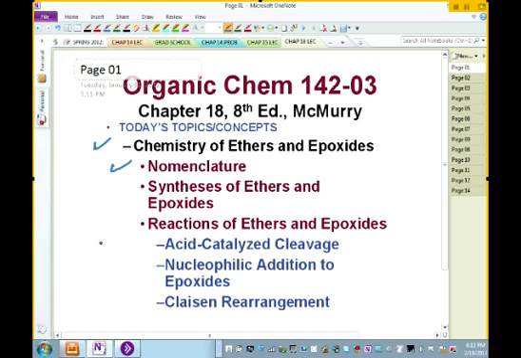At the end of our discussion today, we will briefly discuss a fairly unique chemical reaction we refer to as Claisen rearrangement. This is a reaction that involves ethers.